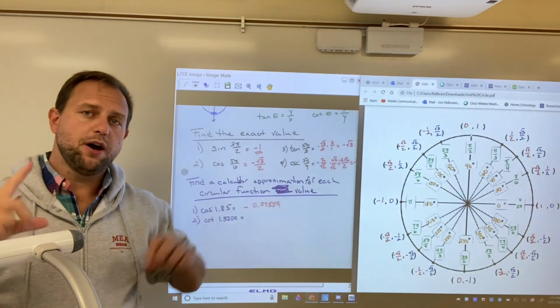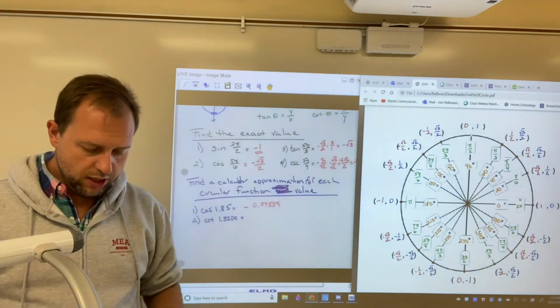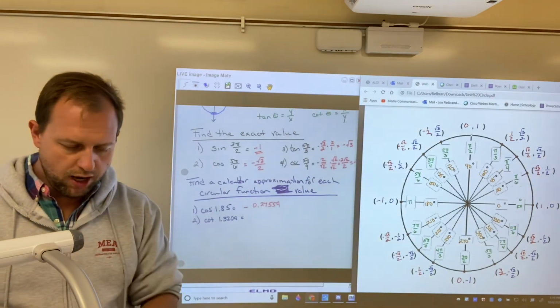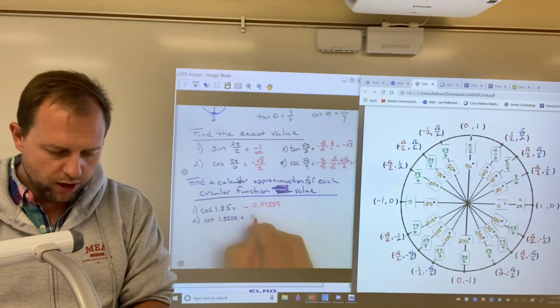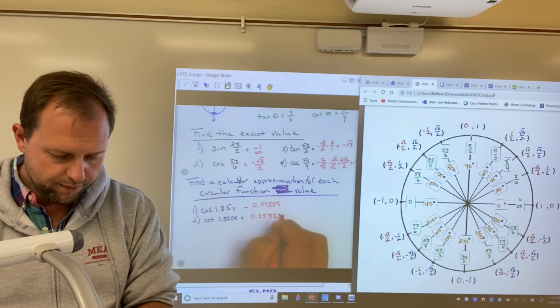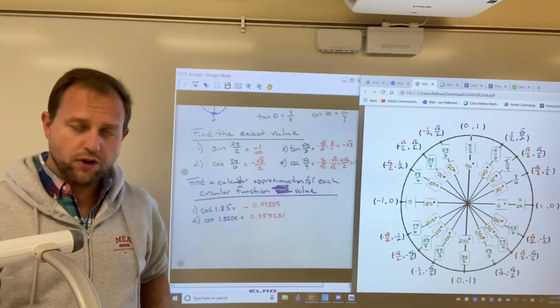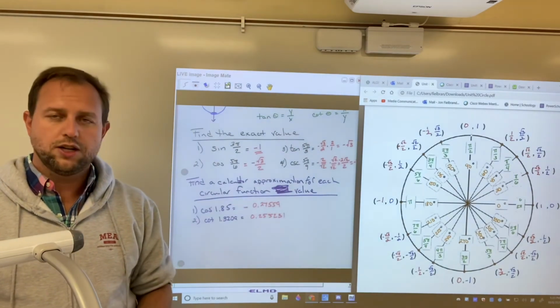You can hit that button and it'll flip your fraction for you. When you do that, you should get an answer of 0.255231. If you're not getting that value, then you need to check your process.